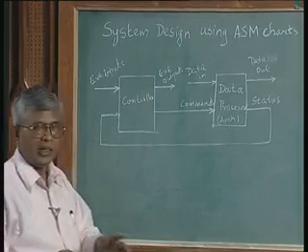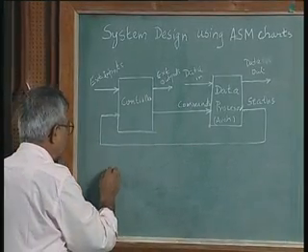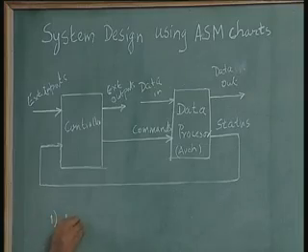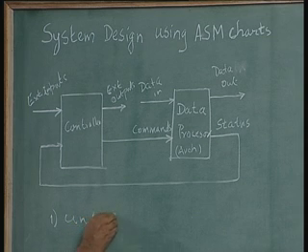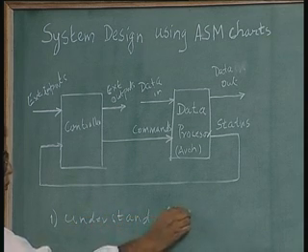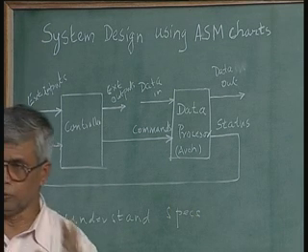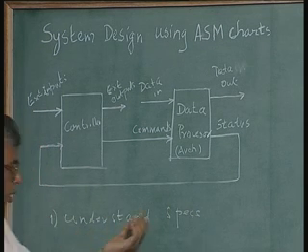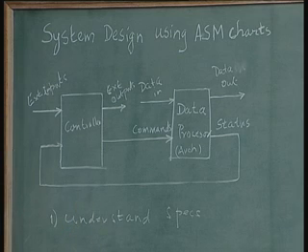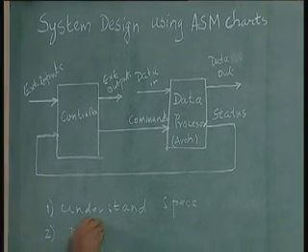So, this partitioning of the problem: understand the specifications of the problem completely, it should be foolproof, there should be no vagueness about it. If there is vagueness, then it is very difficult. Then you partition.